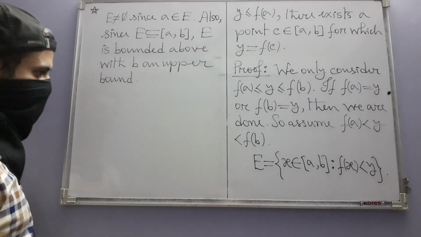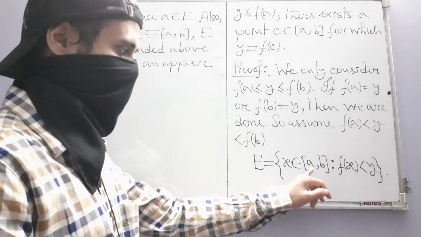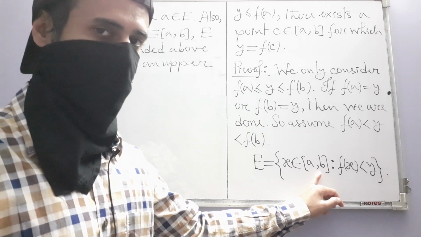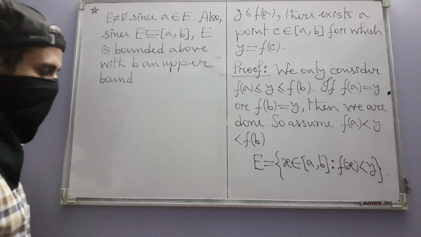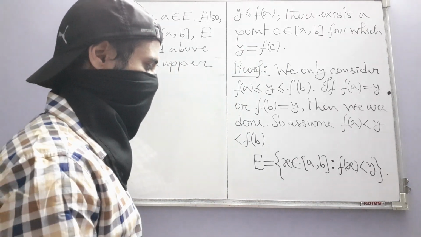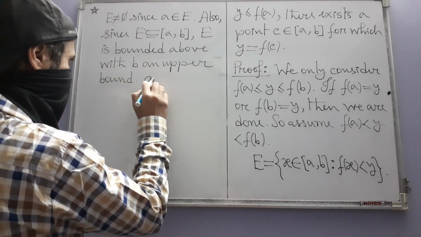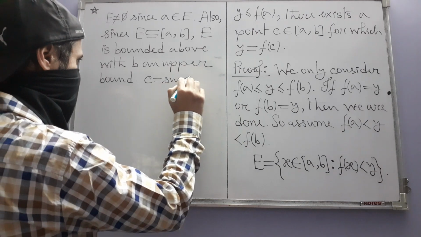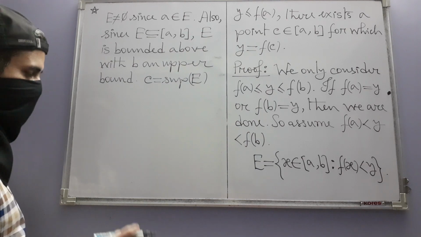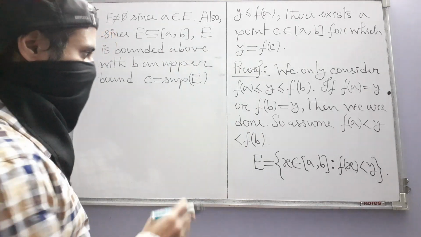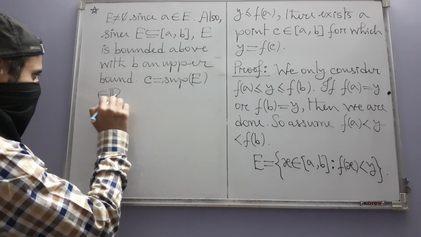Because E is a subset of [a, b], any element of E would belong to this interval and as such would have to be less than or equal to b. So that's why b is an upper bound for E. So E is non-empty and bounded from above. So by the least upper bound property, the supremum of E exists. Of course it always exists, but in this case, because of these things, it's a real number.